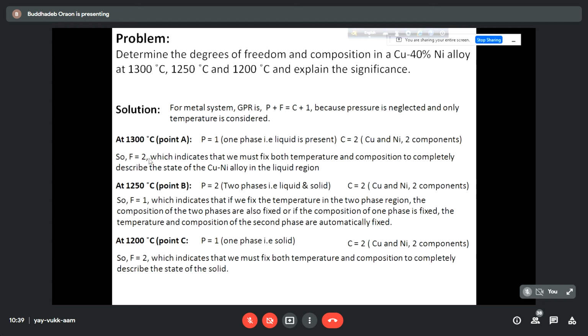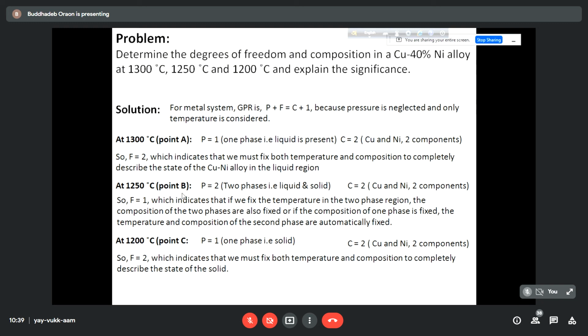So obviously we get F equal to 2, which indicates that we must fix both temperature and composition to completely describe the state of copper nickel in the liquid region. So you are required to know two variables, temperature and composition, to completely describe the state of the copper nickel alloy in the liquid region. That is what the degrees of freedom indicates.